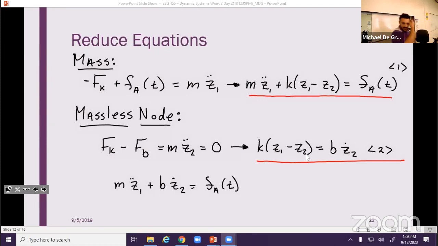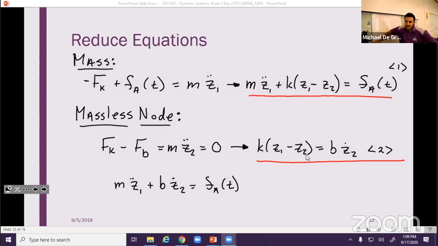So interesting, in this configuration, if we're going from one end to the other, it turns out that the damper takes the place of the spring. What if you did it the other way?